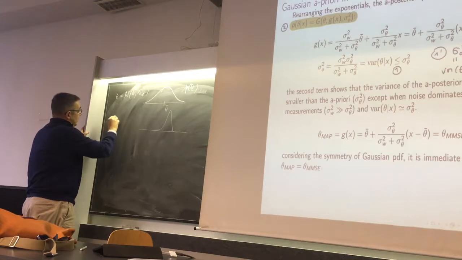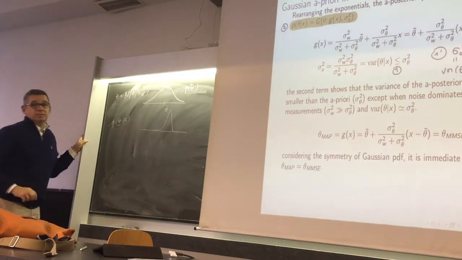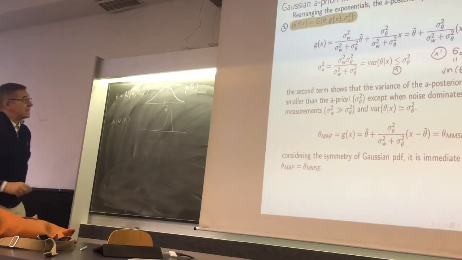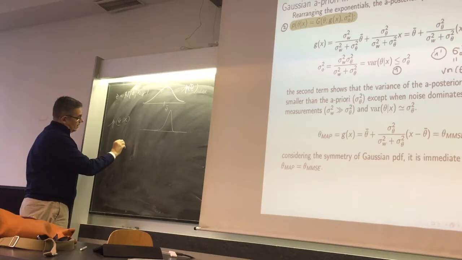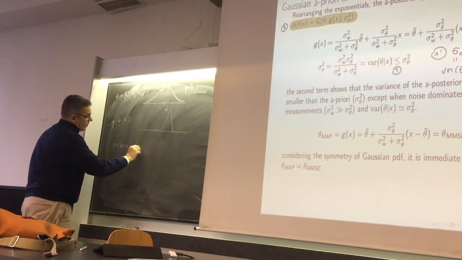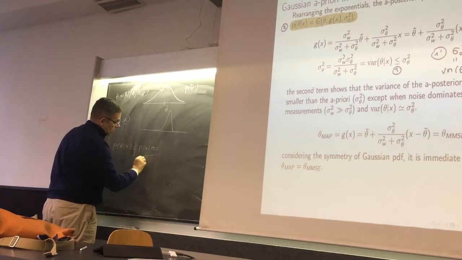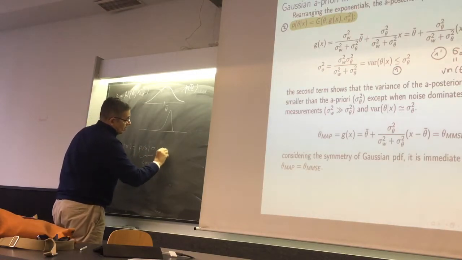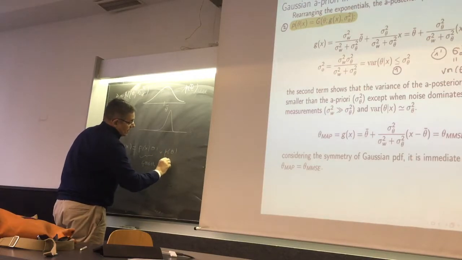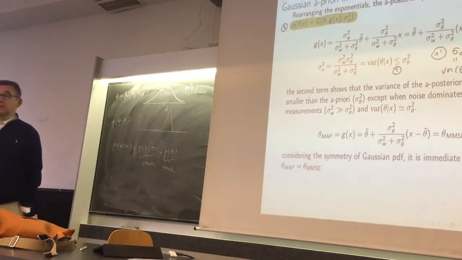So the p theta given x is Gaussian. That comes because when I calculate the p theta given x, I have a p x given theta that is Gaussian times p theta that is Gaussian. When I multiply two Gaussians, the result is Gaussian.